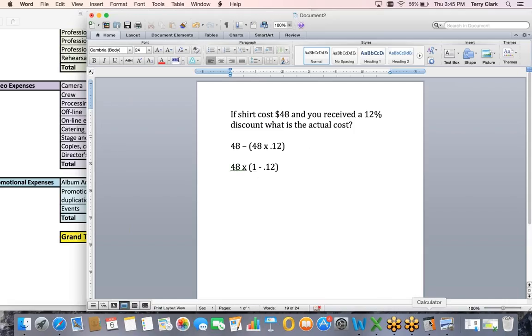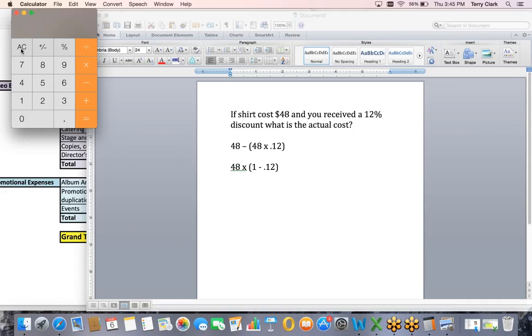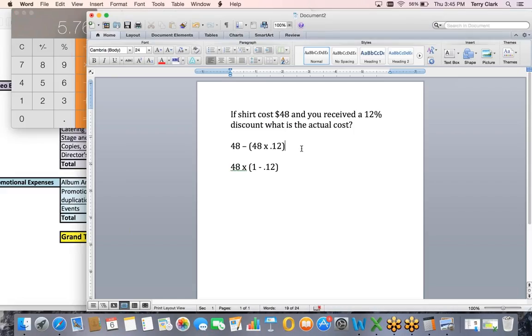Okay, so in the first way, we're going to say 48 times 0.12. It's going to give us 5.76. So now we got 48 minus 5.76.